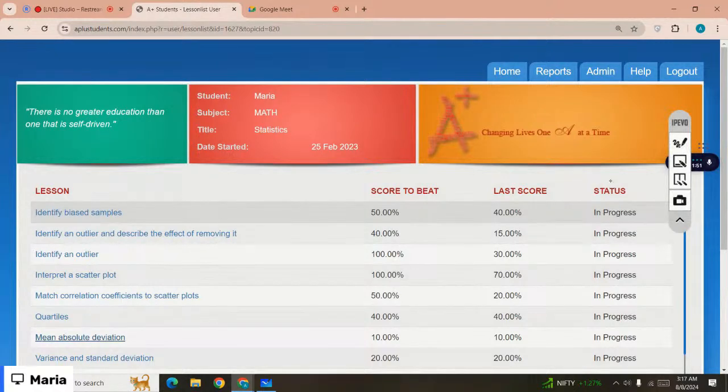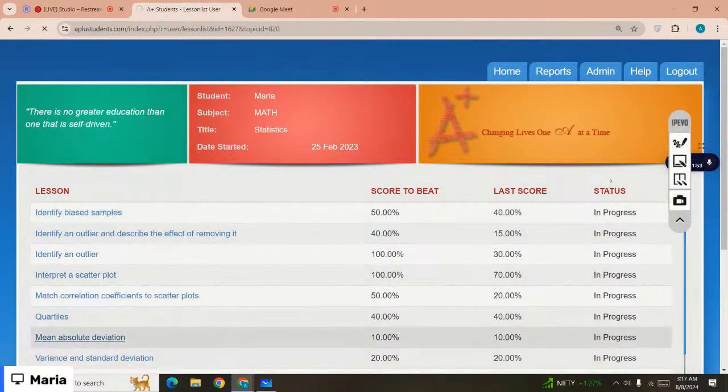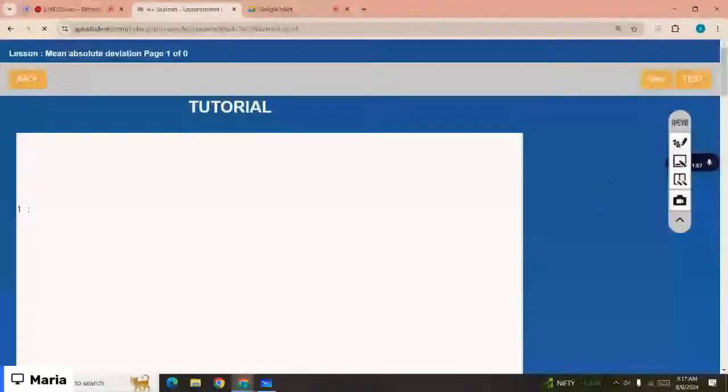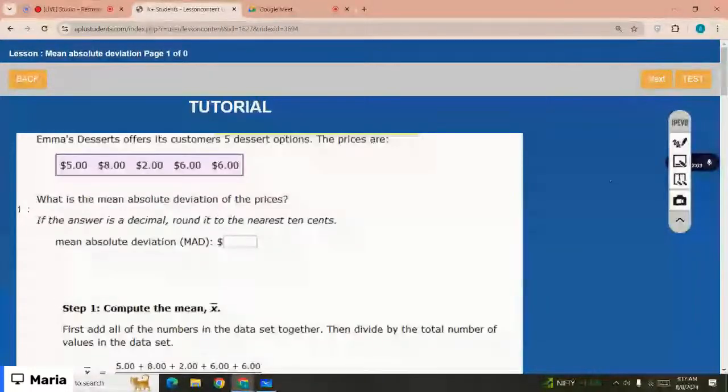The next lesson is mean absolute deviation. Ima Desserts offers its customers 5 dessert options.